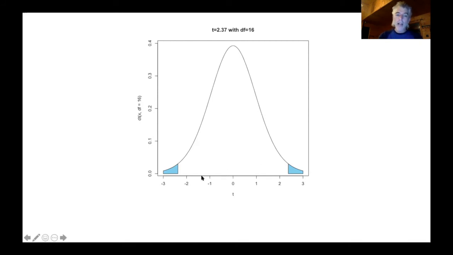And so the line that I've drawn here represents the distribution of t-test statistics with 16 degrees of freedom that we would get if the null hypothesis were in fact true. And what I've indicated by the edge of these blue areas is where our test statistic is in fact located. So we calculated our t-test statistic from our samples as being equal to 2.37.